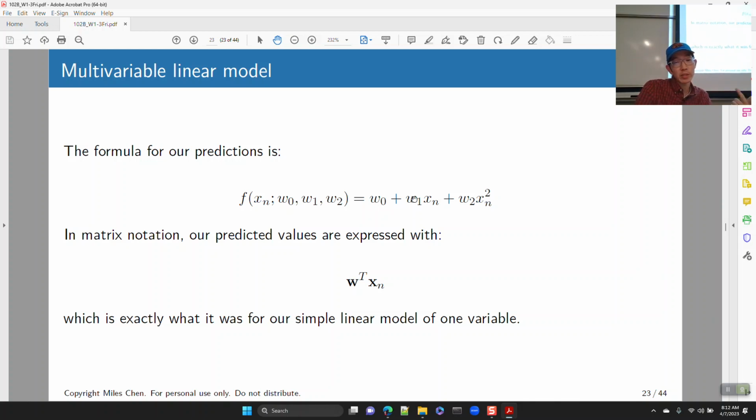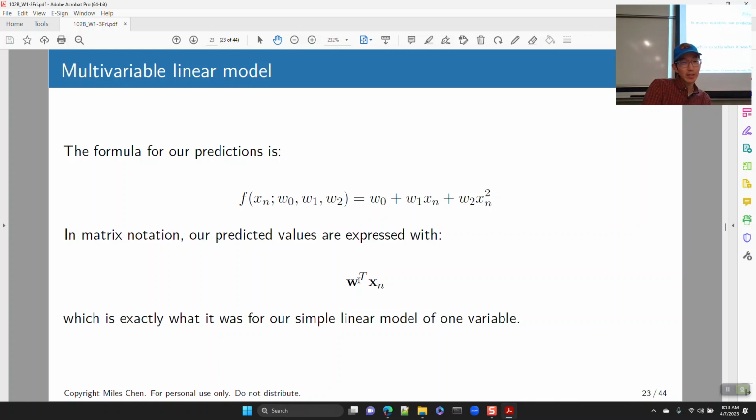So we have a W0, a W1, and a W2. We'll gather those three weights into our weight matrix, W. And if we do that, then our predicted values are still W transpose X, okay? W transpose X sub n for our predicted value for X sub n, okay?